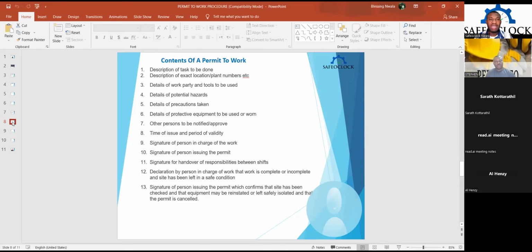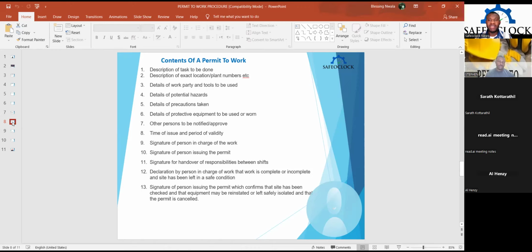Now, he has taken time to also talk about the contents of a permit to work. I won't go deep into that, but I will use this opportunity to share some of my experience. Some years back, I was a permit to work coordinator on one of the projects for the FIFA World Cup, so I had first-hand experience of how the permit procedure goes.